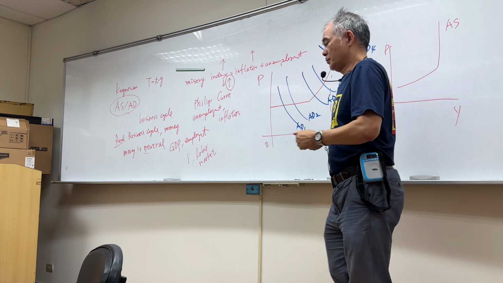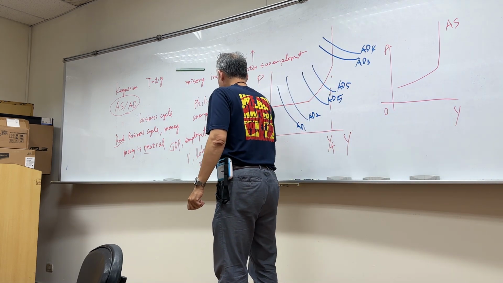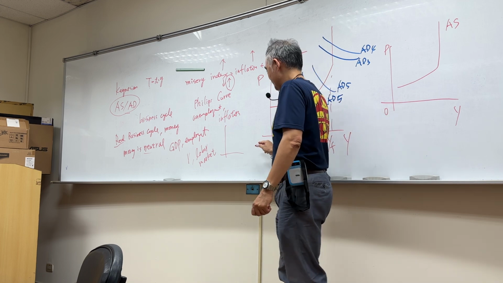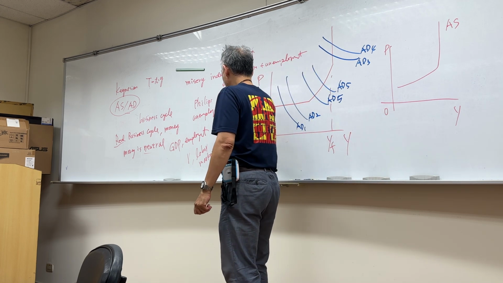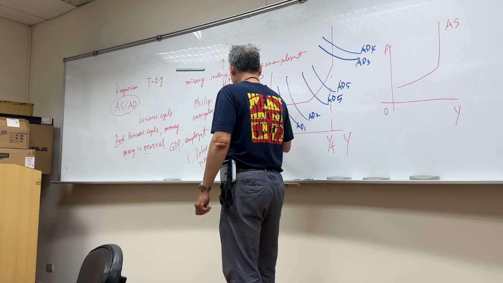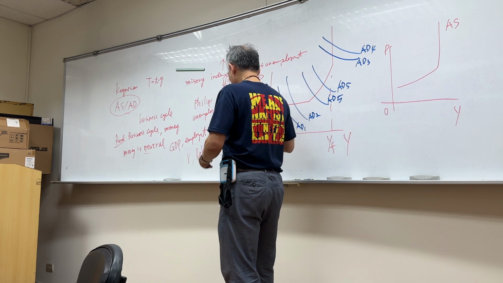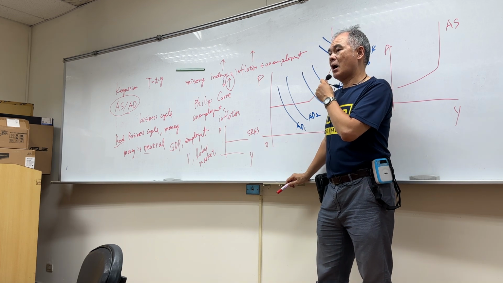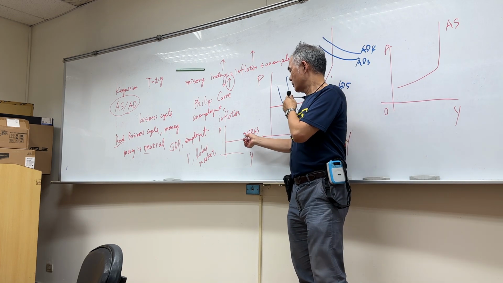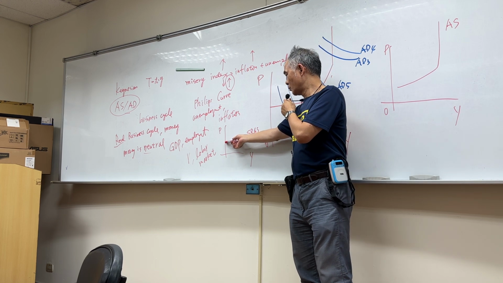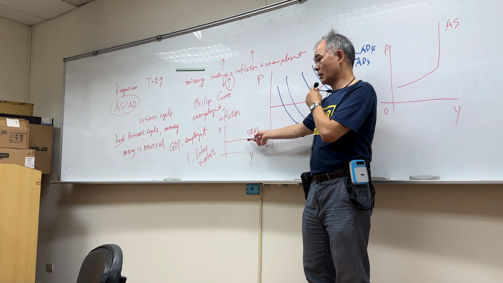But in the textbook, you will see two different kinds of aggregate supply, Y and P. So it will say short run aggregate supply. You will see it in the textbook. We will get to it on Wednesday. This will be short run aggregate supply, so this is whatever you can produce in the short run.